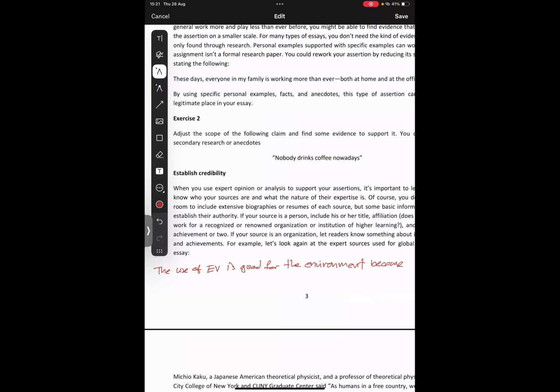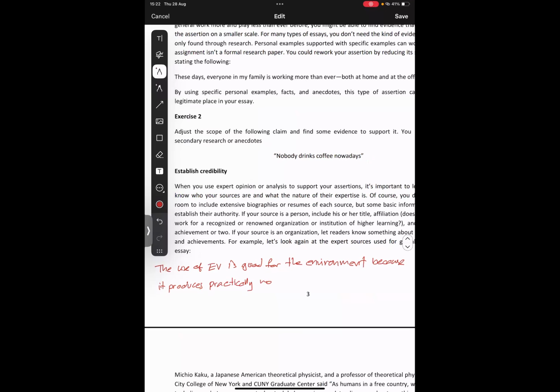The use of EV is good for the environment because it produces practically no carbon emissions.